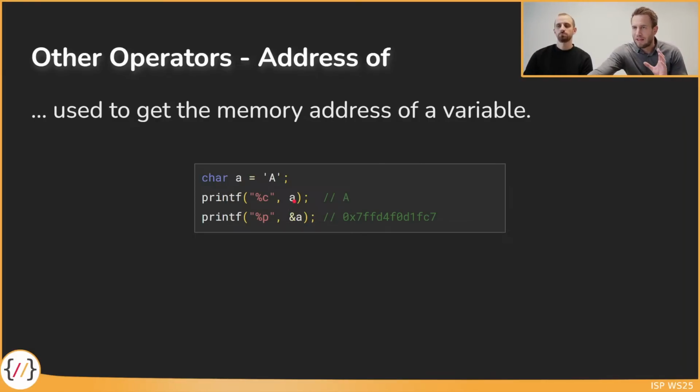But the important thing here is that with this we get the value that is stored in the character A, which is in this case the letter A. But with this address-of operator, which is this ampersand sign before the variable name, we get the address, so the memory address where our variable is stored.